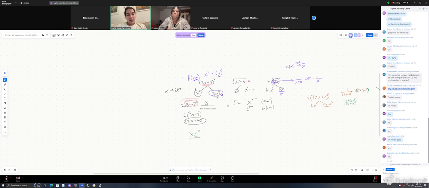If I were given 3x, I could divide it into two terms, couldn't I? But it wouldn't be useful to do product rule here because this term does not have an x in it. So we don't need to use product rule. We can simply say, well, power rule, sorry, this is raised to the first power, bring that down.